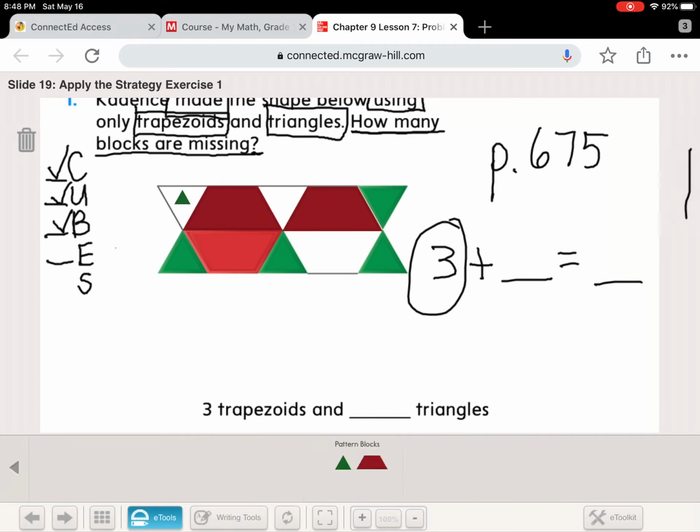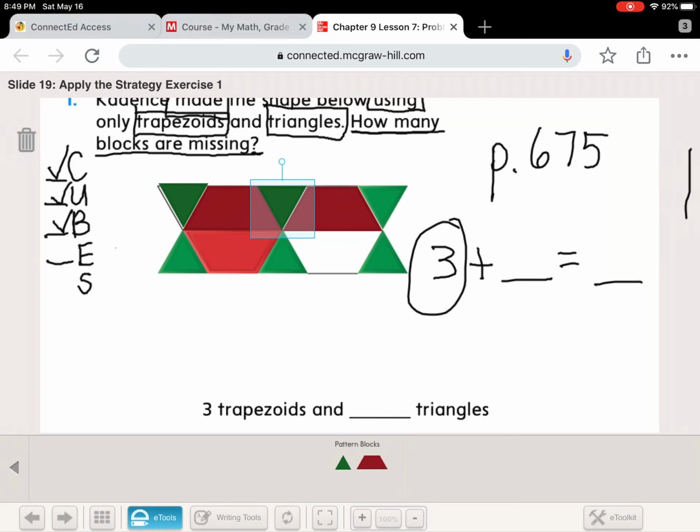Oh, here's a triangle, but my triangle doesn't look like it's going to cover that. There's some white space. What do I have to do? Right, turn it upside down. You might have to turn your shapes and use your imagination. There's one triangle. Oh, I'm going to put the other one here, wait, it doesn't cover the whole space. What do I have to do? Right, be prepared to turn it upside down sometimes.